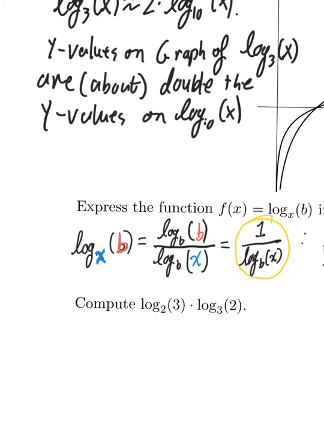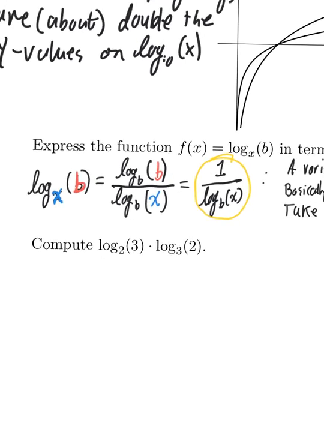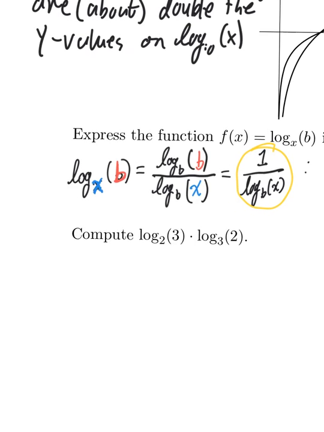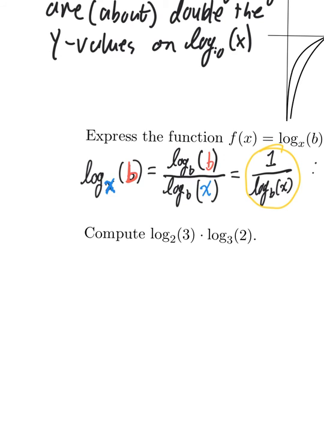The one last trick that I want to illustrate really is just kind of a trick. Let's think about what the log base 2 of 3 times the log base 3 of 2 is. And the way that I'll do this is I'll use the change of basis formula to express everything in terms of a single log, a single base.